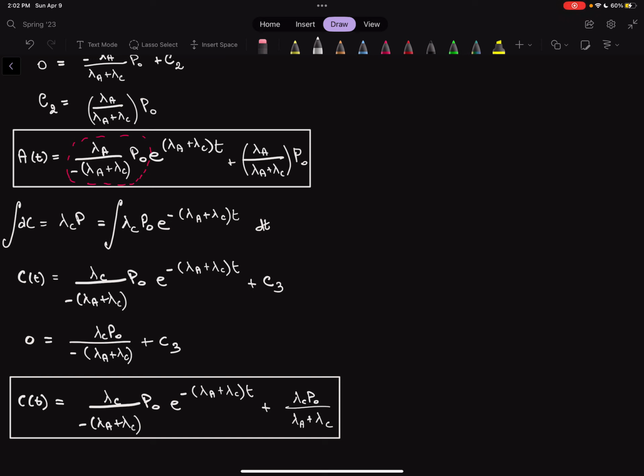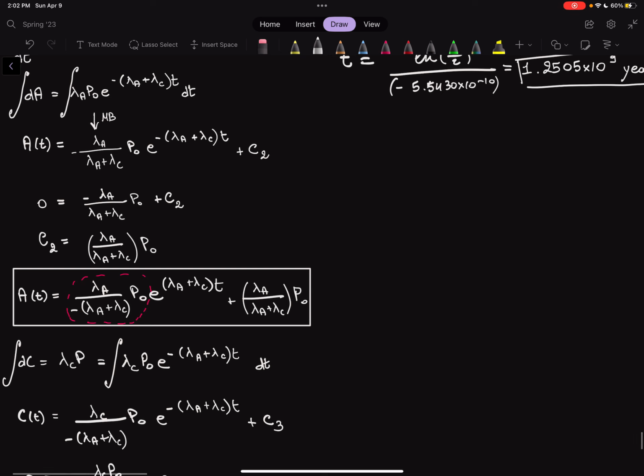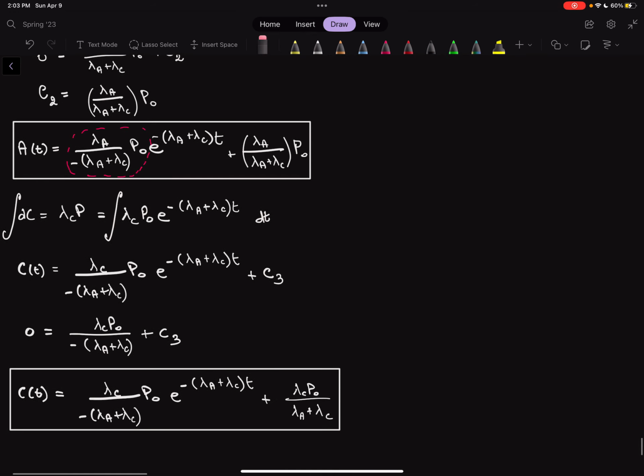Well, will it go to 0? Let's see, as we go to infinity. Oh, look at that. I'm missing a negative here, because otherwise it would go to infinity. But that wouldn't make a whole lot of sense. We can't get an infinite amount of something that was finite.